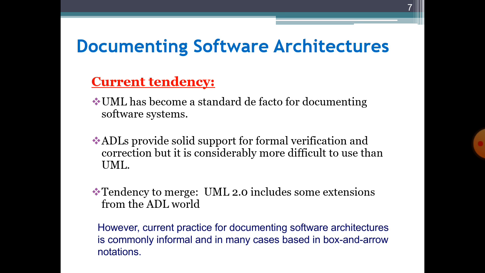So what is the current tendency of documenting a software architecture? As I discussed earlier, UML has become the de facto standard for documenting software architecture, while architecture description languages provide solid support for formal verification and correctness, but they are considerably more difficult to use than UML.